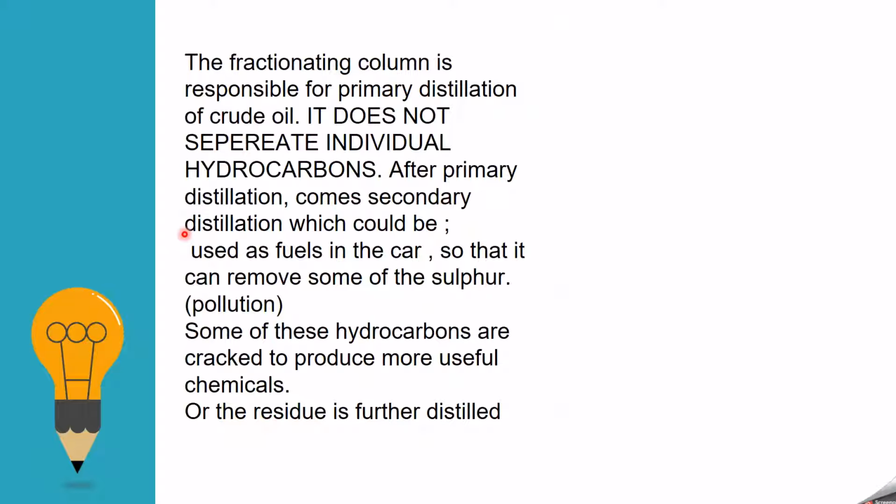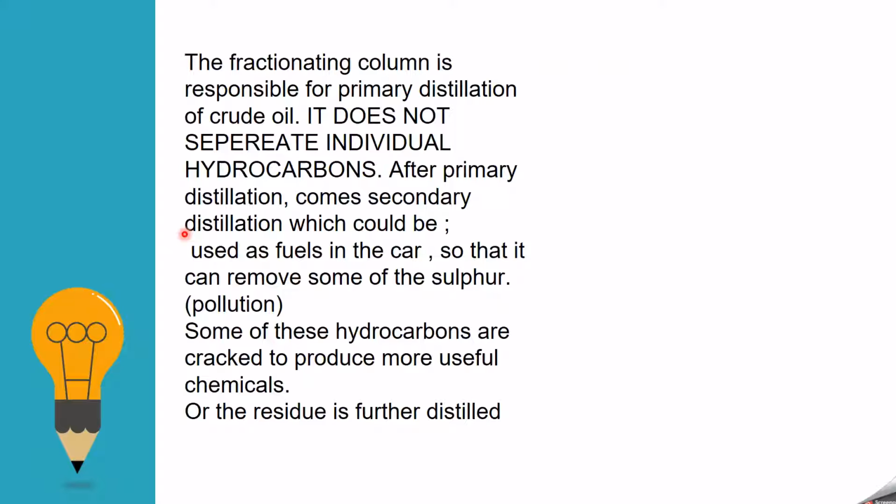The fractionating column is responsible for primary distillation of crude oil, so it does not separate individual hydrocarbons. After primary distillation comes secondary distillation, which could be used on fuels in cars to remove some of the sulfur, as sulfur is an impurity which can cause pollution.